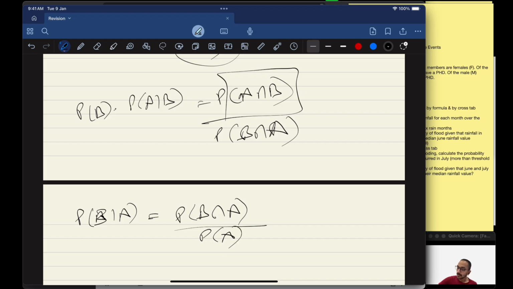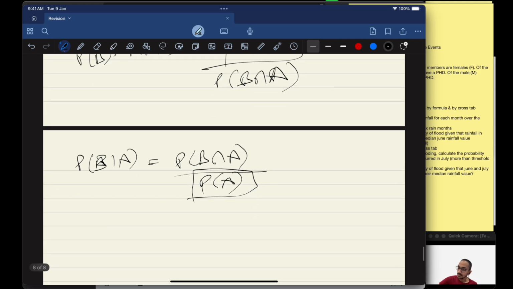So we multiply P of A on both sides, right? That will cancel.